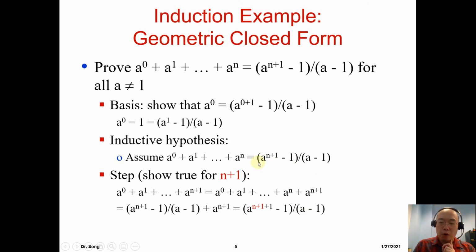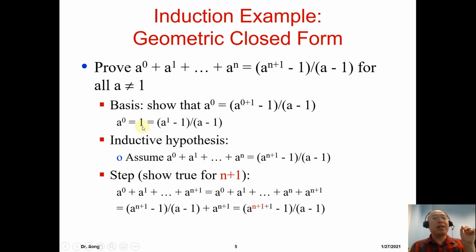If this part is Sn, now what is this part? Sorry, if this part is Sn, this part is Sn plus 1. Okay, so from Sn we are able to prove Sn plus 1, and then our work is done because we have already shown the base case, and the base case is 0.